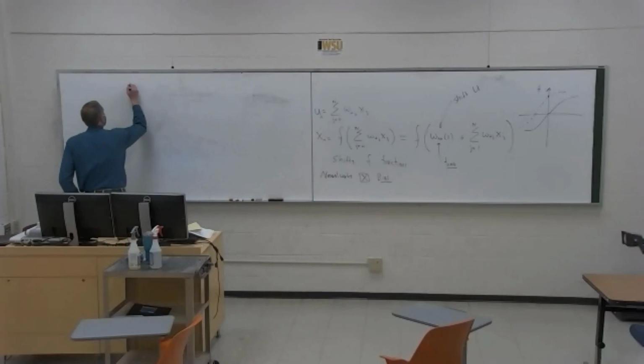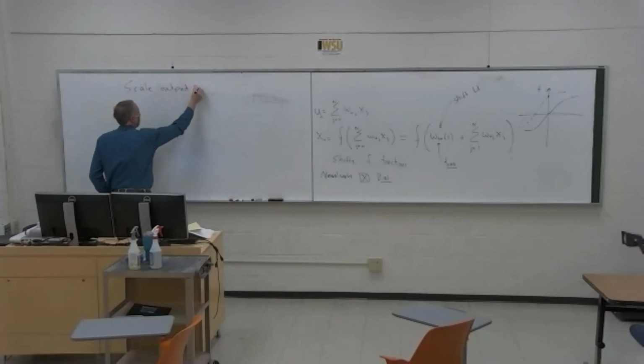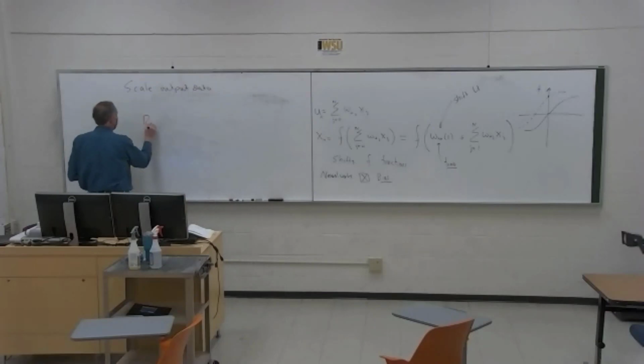So the first thing is that you scale output data. And here's a real quick example that shows you why you do this. So let's say we have a robot arm that rotates.